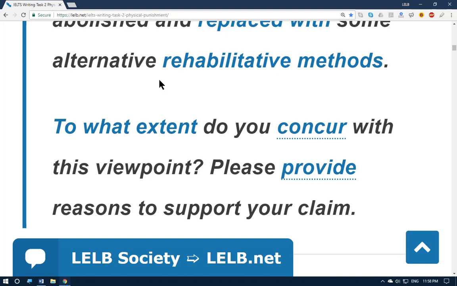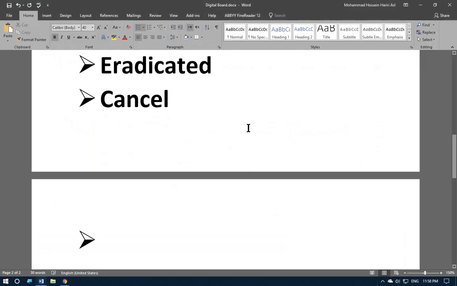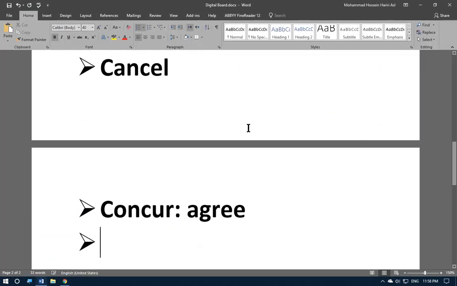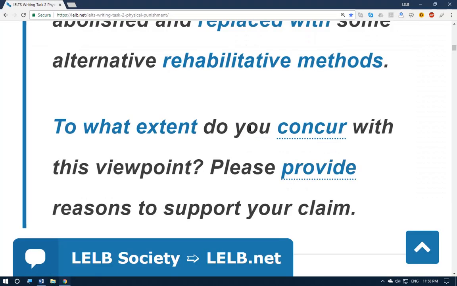Okay, we need to think of other methods. To what extent do you concur? Concur means agree. And concur with this viewpoint. Please provide or supply or give reasons to support your claim.